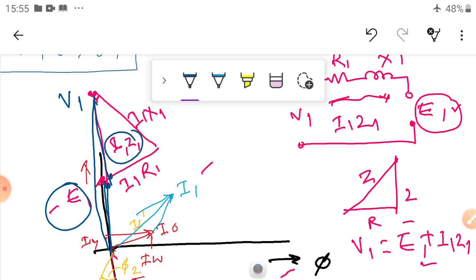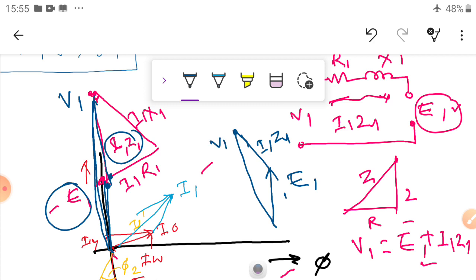So here this is E1 minus E1, and this is I1 Z1, and this is equal to V1. Okay, so this is the angle on the primary side.